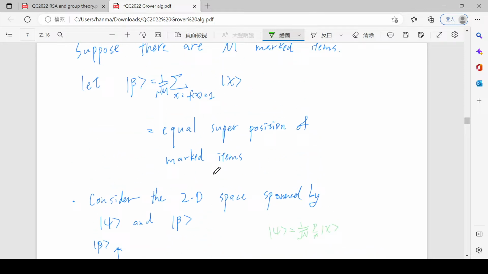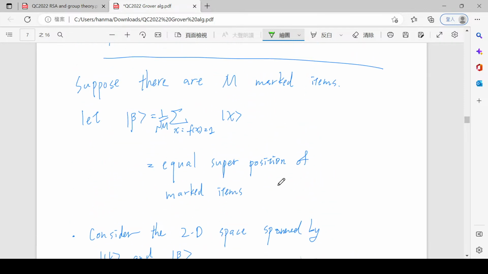And we can think about another state that's the equal superposition of every marked item. So for now, you can think maybe there is only 1 marked item, so then it's just a marked item state. But we are having a more general thing here. So assuming we have m marked items, we can think about this equal superposition of all marked items. Obviously, it should be normalized by the square root of m, right?